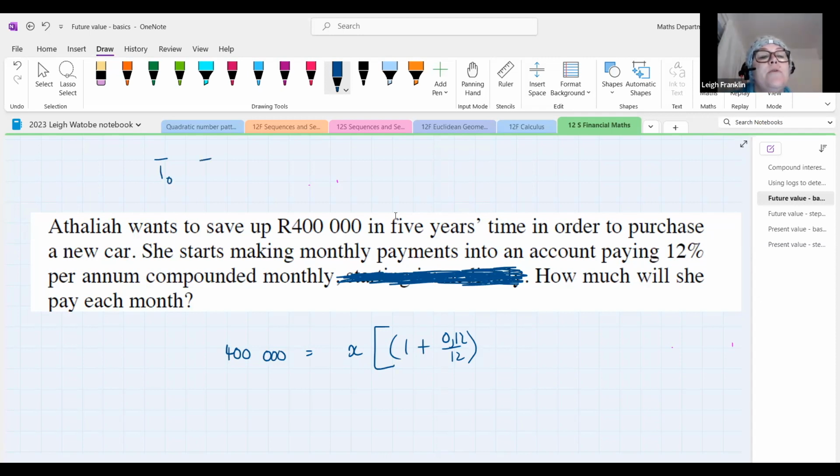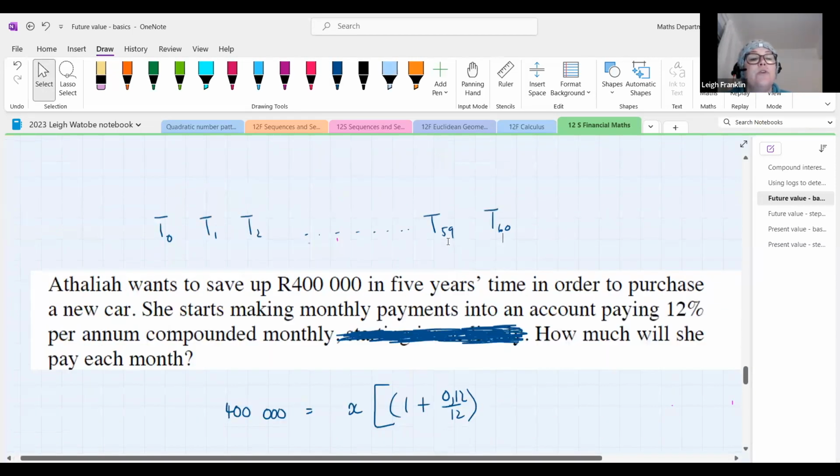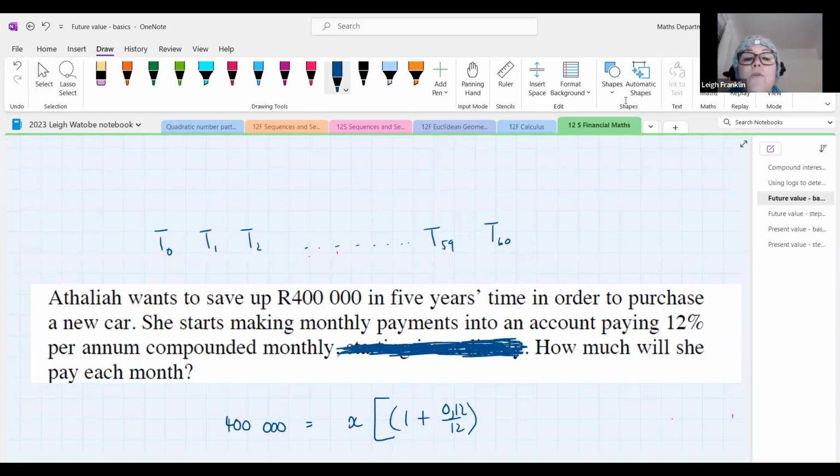So T0, T1, T2, T59, T60. Okay, so she wants 400,000 Rand at T60.